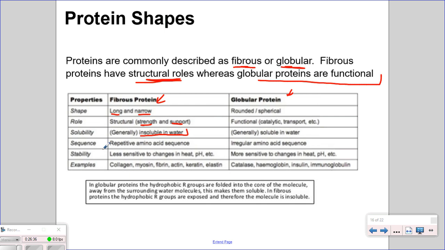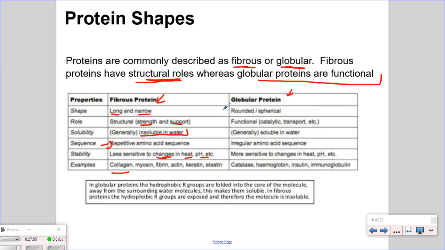A fibrous protein will have a repetitive amino acid sequence, and they tend to be less sensitive to changes in heat, pH, and other conditions. Examples of these fibrous proteins include collagen, which is found in skin tissue, myosin, fibrin, actin, which is found in muscle, keratin, and elastin.